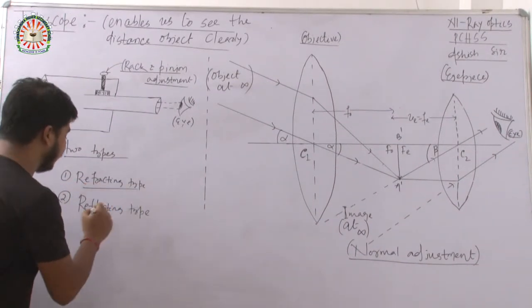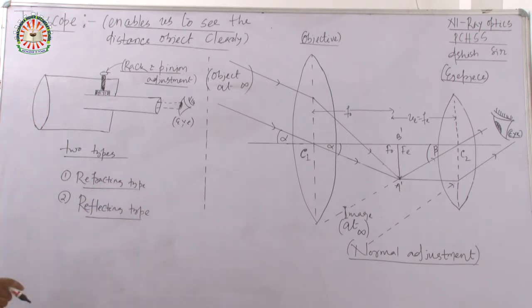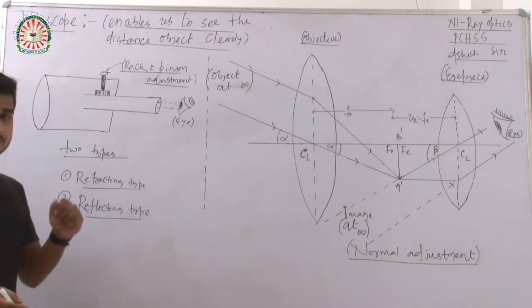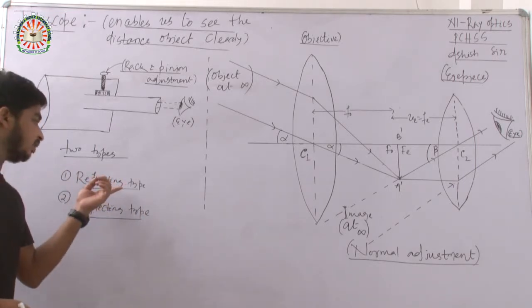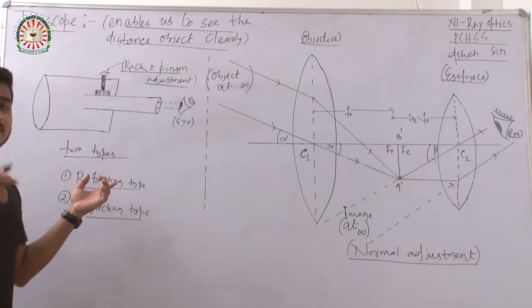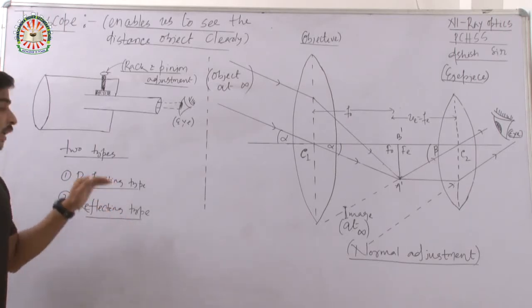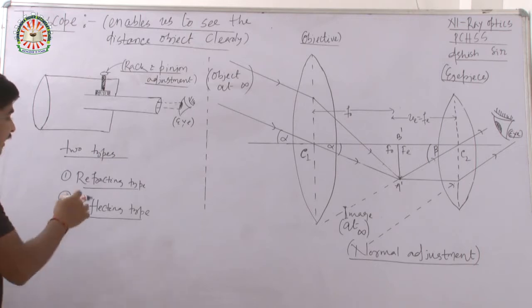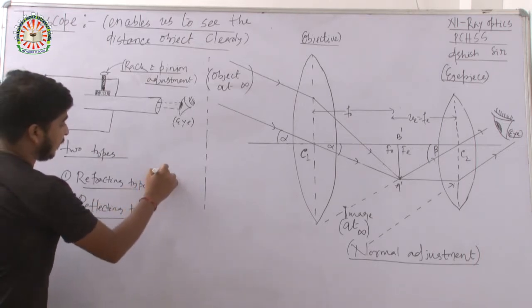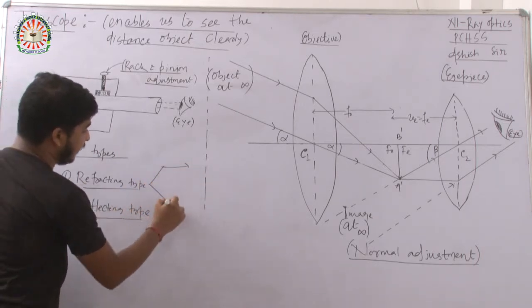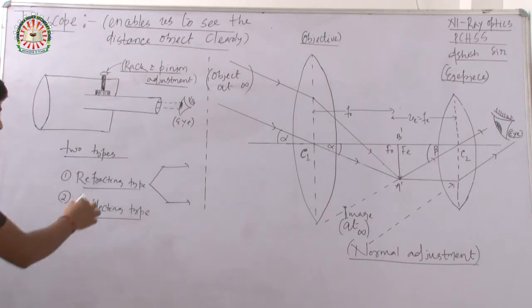Refracting type telescope means that in this type of telescope the laws of refraction apply, that is, refraction happens, and in a reflecting type telescope reflection happens. Remember these things: refracting type telescopes are of two types.